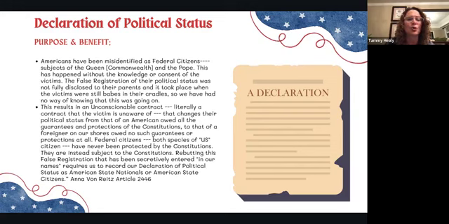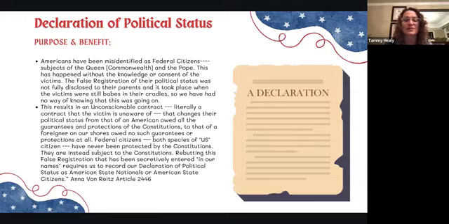So we have had no way of knowing that this was going on. This results in an unconscionable contract, literally a contract that the victim is unaware of, that changes their political status from that of an American owed all the guarantees and protections of the constitutions to that of a foreigner on our shores owed no such guarantees or protections at all.